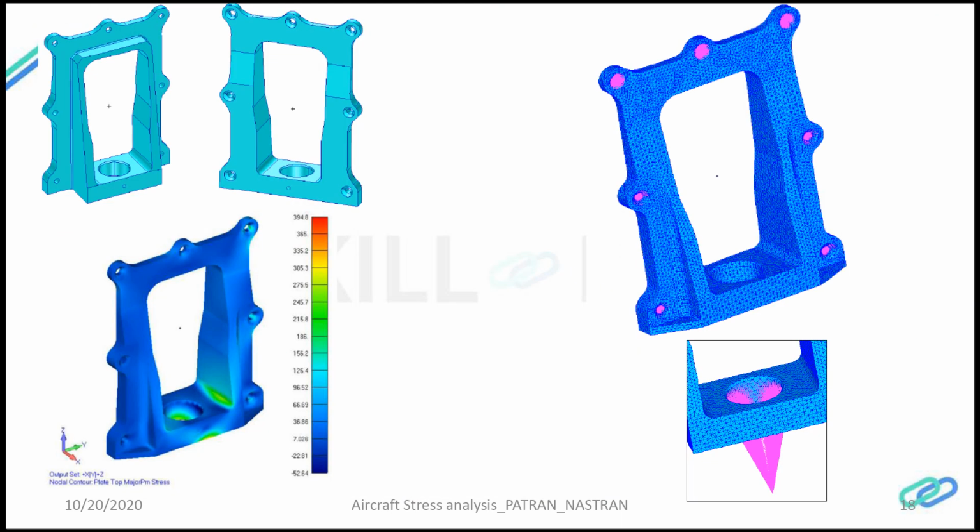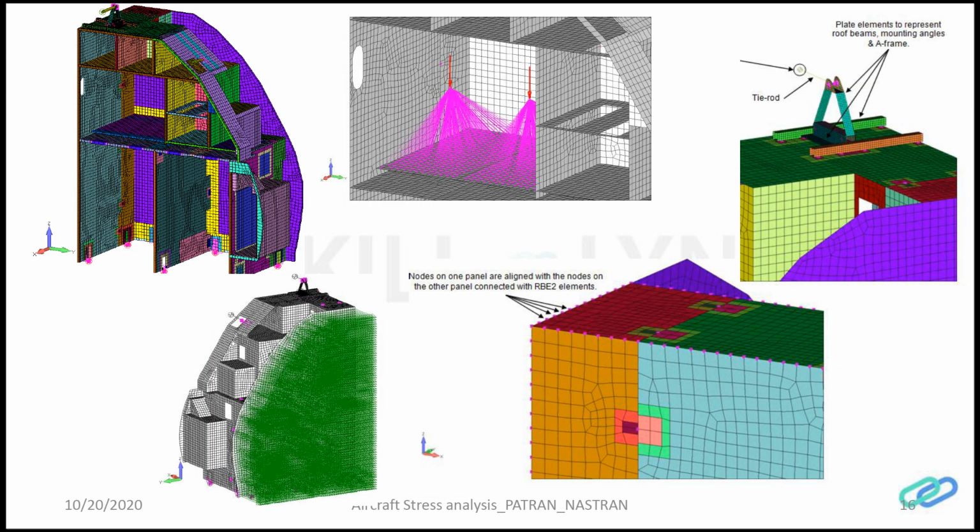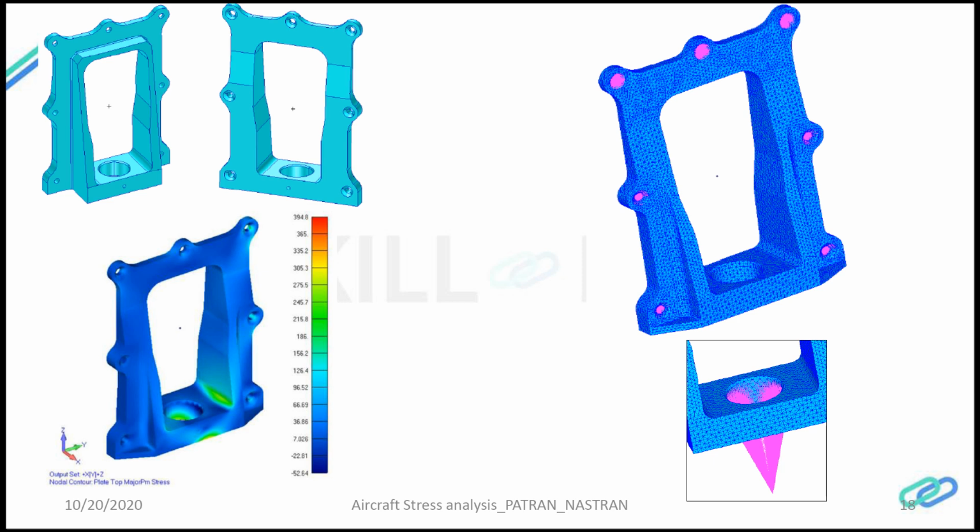Whenever I modeled it separately to understand the load distribution within the lower attachment alone, I modeled it using TET elements, using a TET mesh. This is a lower attachment fitting that sits over here in this area. This is a typical lower attachment. It is a heavy aluminum machined fitting.